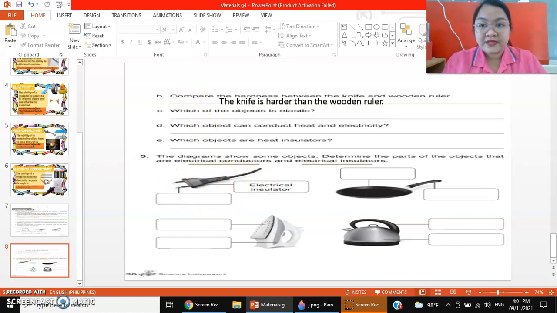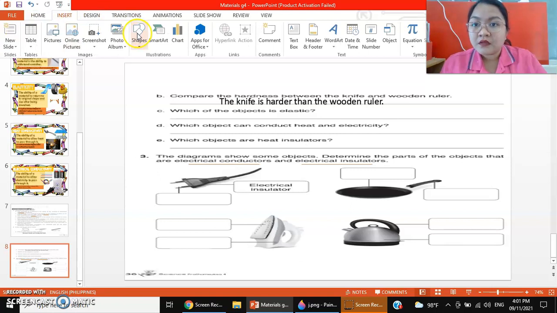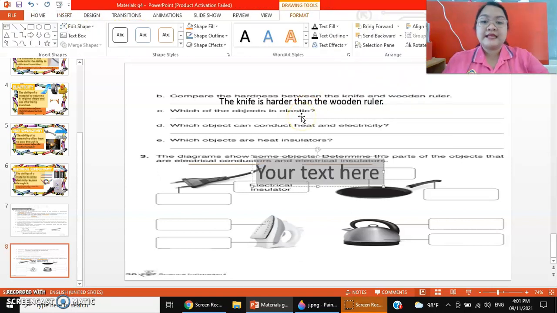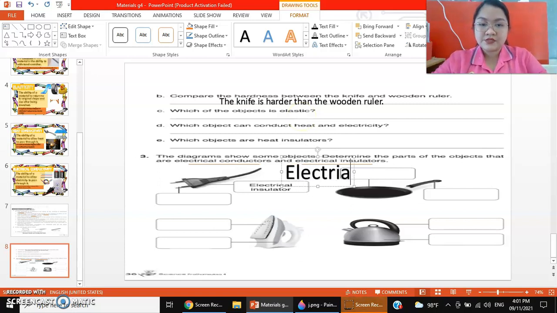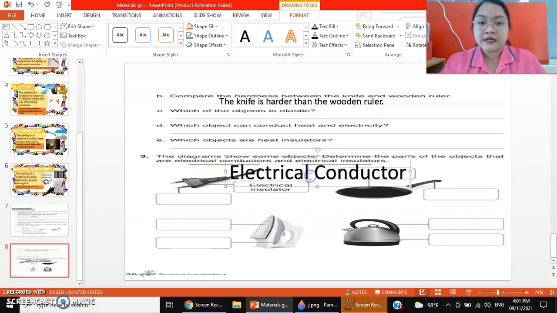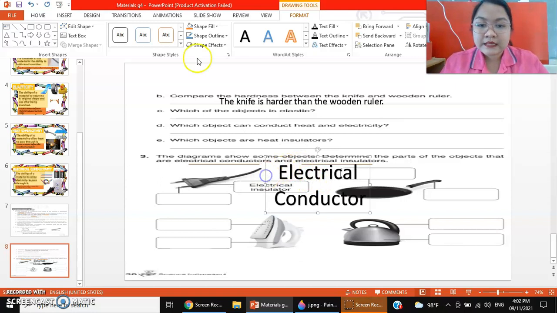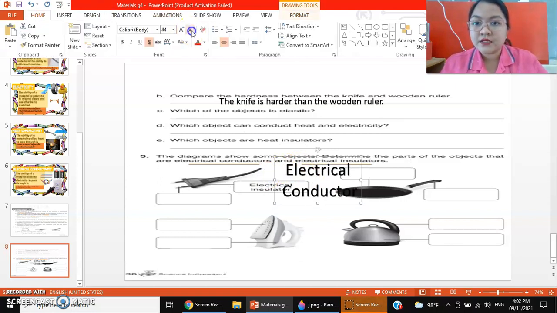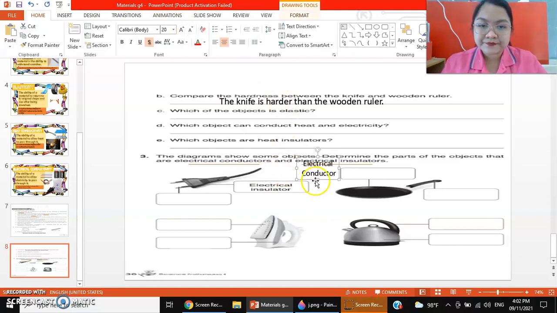Which means metal is going to be our electrical conductor. You're going to write electrical conductor. Okay. You're going to write on the box.